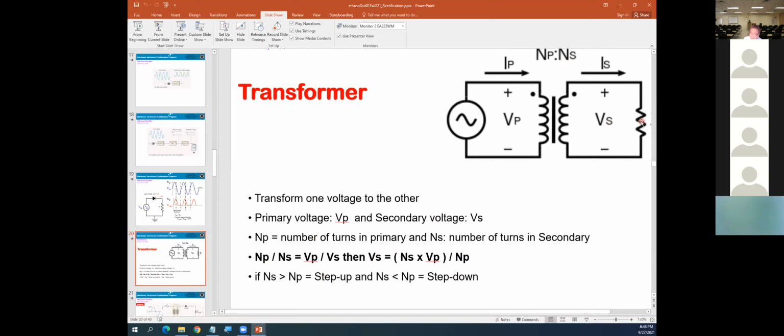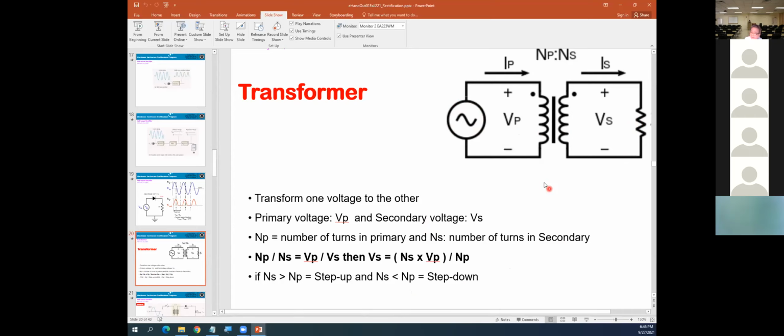That means step up, okay? If NS is less than NP, step down. That means you get 240 volts here, go to the transformer, they go down to 120. That's what we call step down.